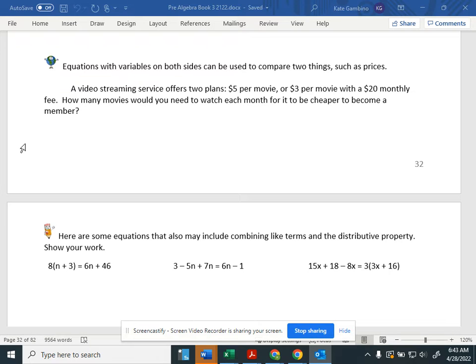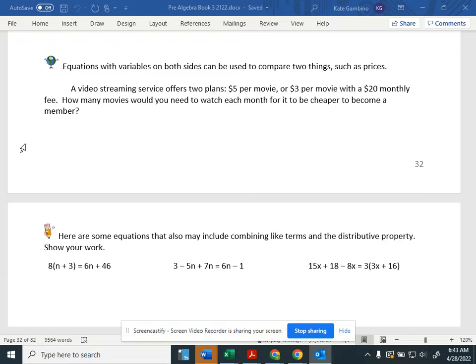So equations with variables on both sides can be used to compare two things, such as prices. A video streaming service offers two plans, $5 per movie or $3 per movie with a $20 monthly fee. How many movies would you need to watch each month for it to be cheaper to become a member?